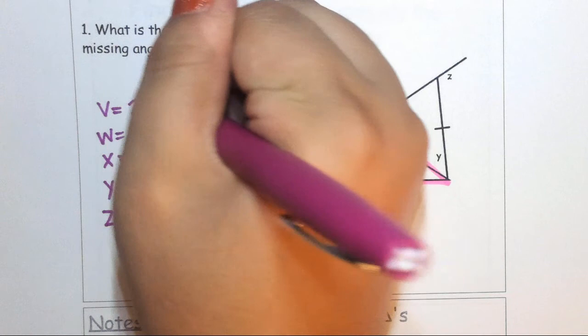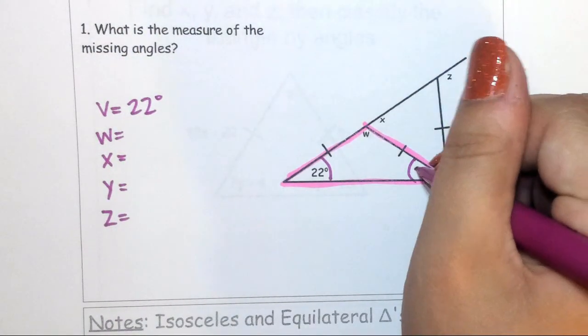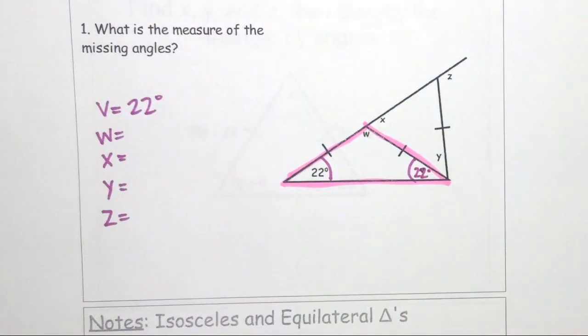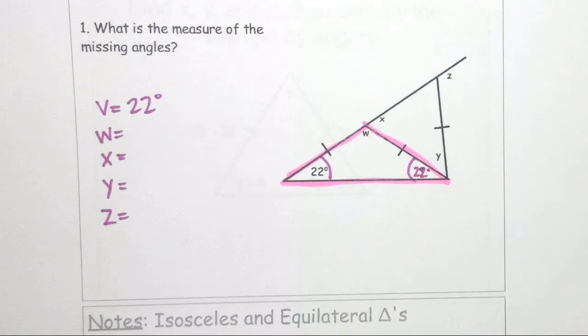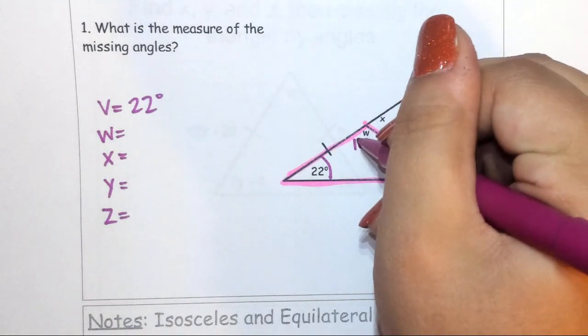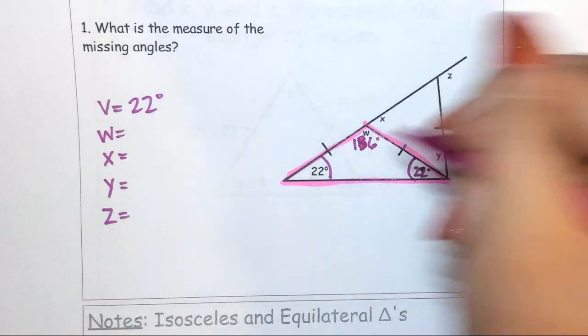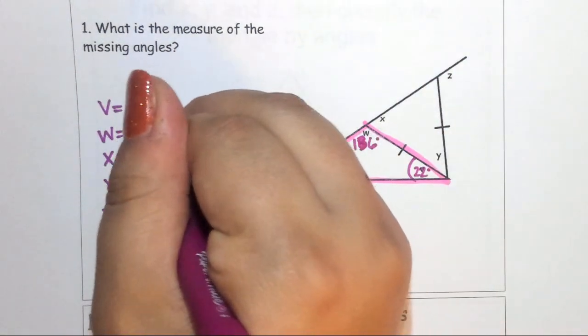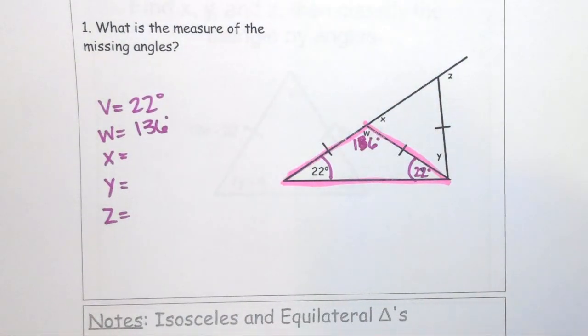So if I know V is 22 degrees, how would I find W? 22 plus 22 is 44. Subtracted from 180 is what? 136. So W is 136 degrees. Now, how would I find X?